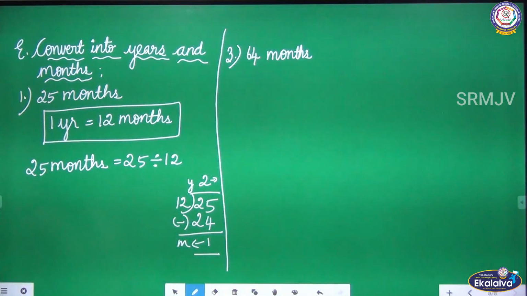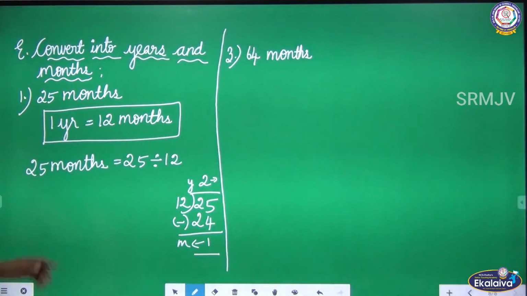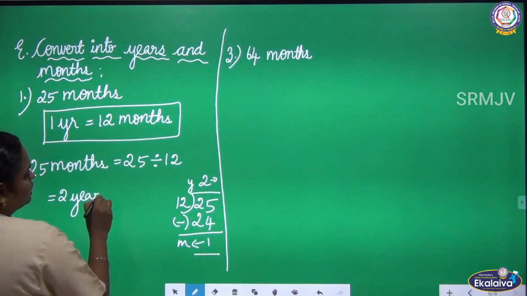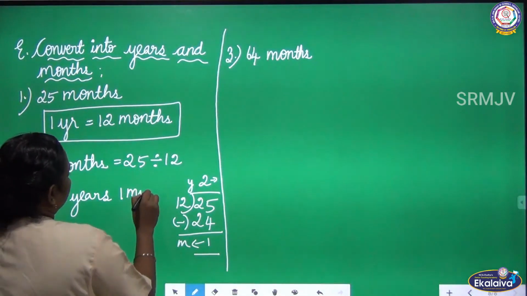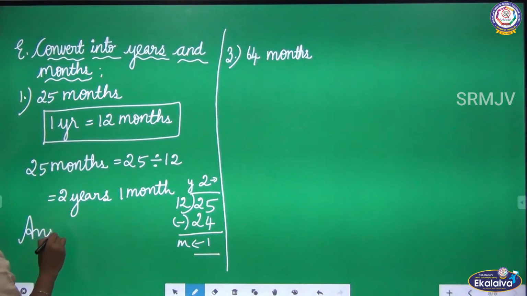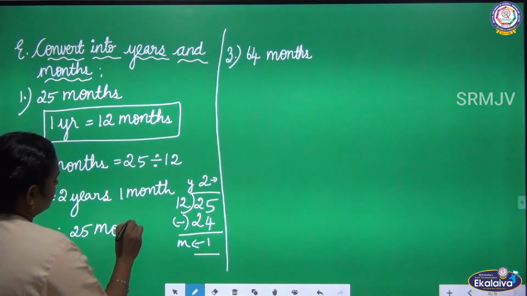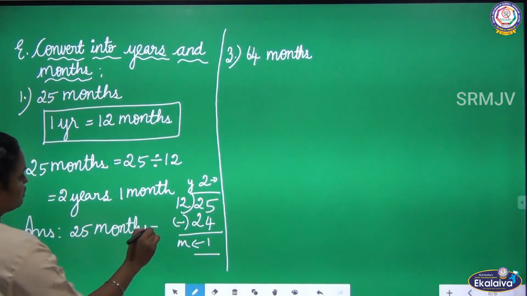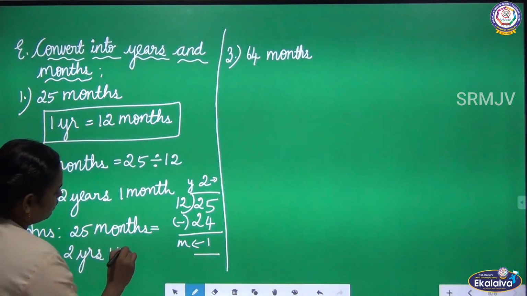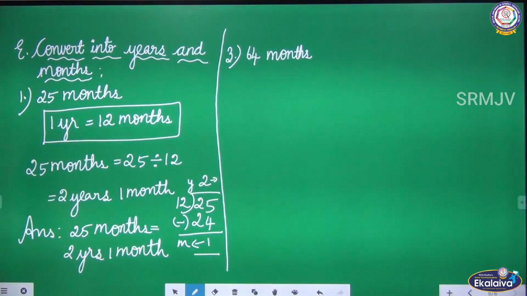So how many years, how many months? 25 months equal to 2 years and then 1 month. So answer, 25 months equal to 2 years and then 1 month.